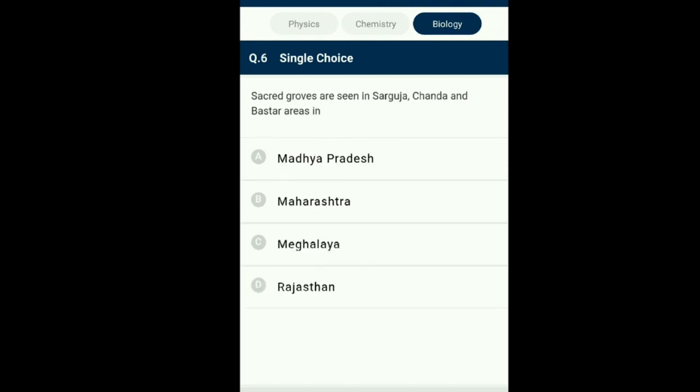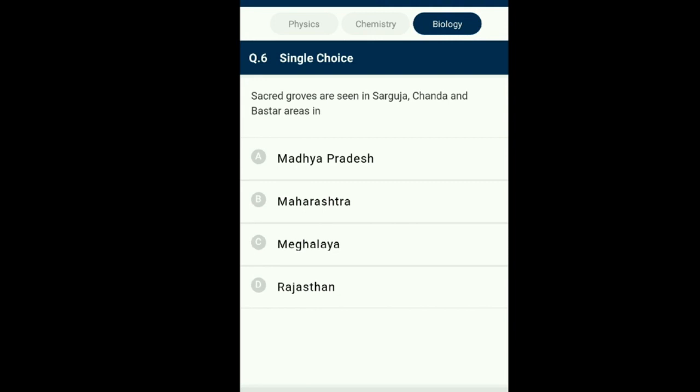Question number 6. Sacred groves are seen in Sarguja, Chanda, and Bastar areas in India. India also has a history of religious and cultural traditions that emphasize protection of nature. In many cultures, tracts of forests were set aside and all the trees and wildlife within were venerated and given total protection.